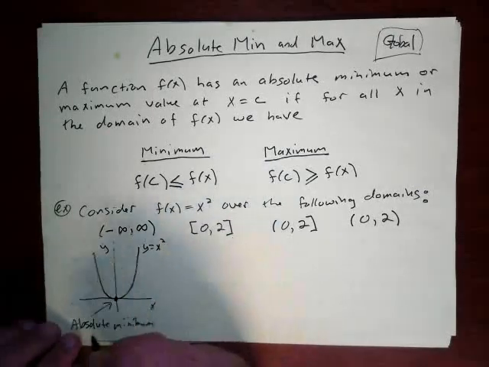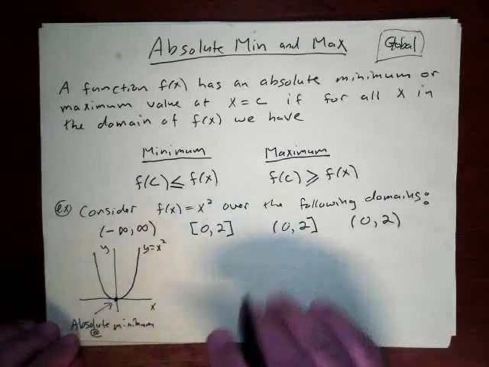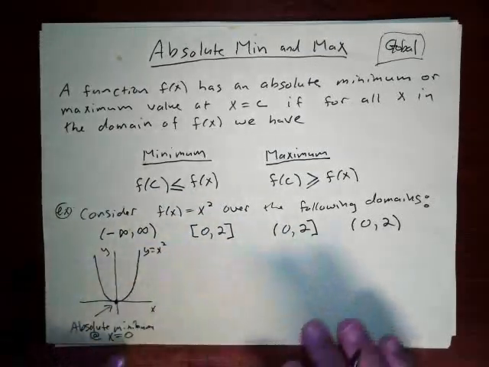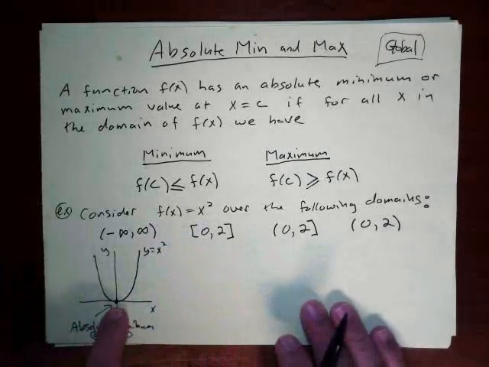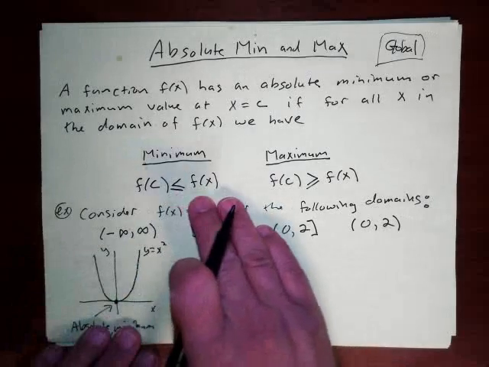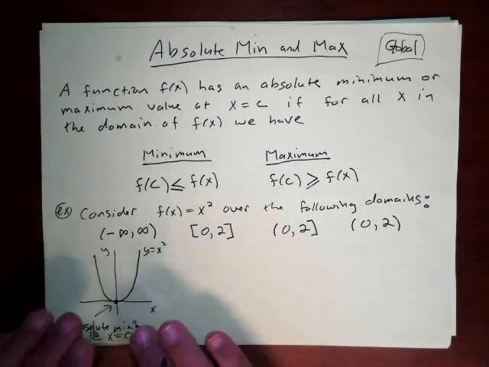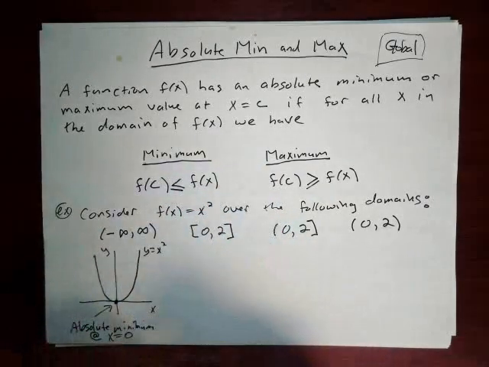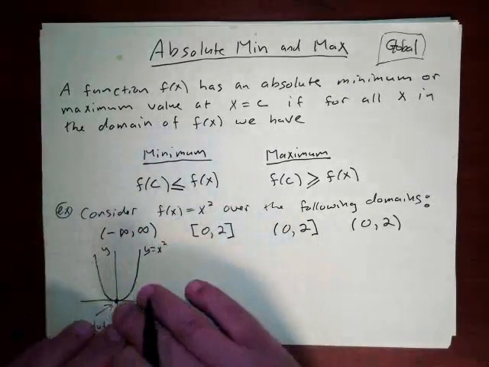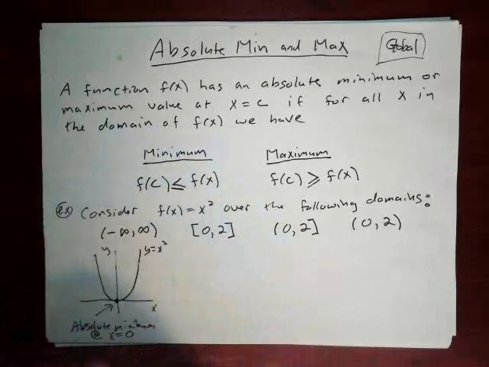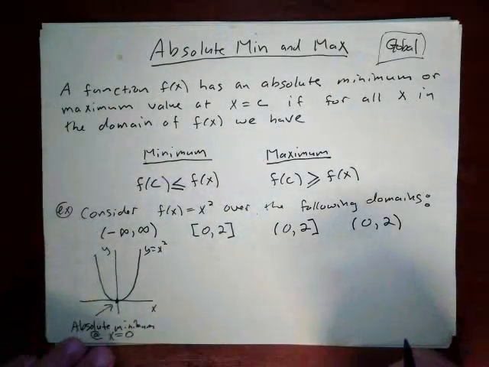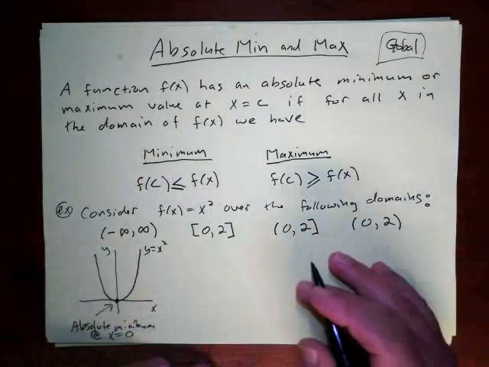And it would be at x equals 0. Okay, so at x equals 0 it has a global minimum value of 0, and all the other values are larger than that. Notice this doesn't have a global maximum value, because from negative infinity to infinity it just keeps growing, without bound, and so there's no maximum, but there is a minimum value.